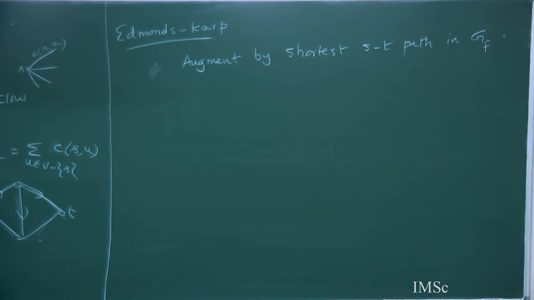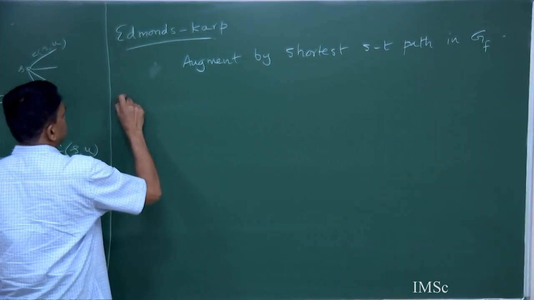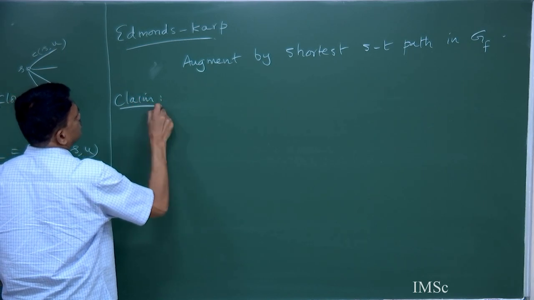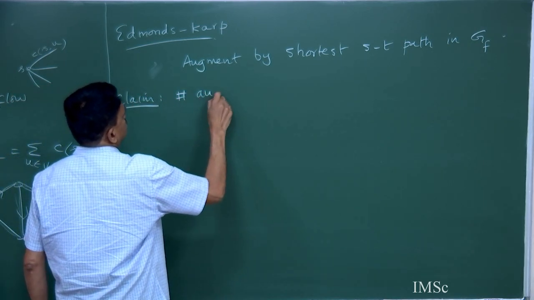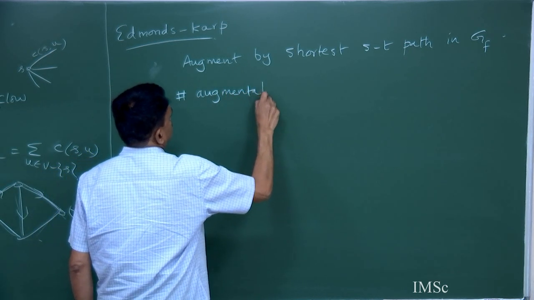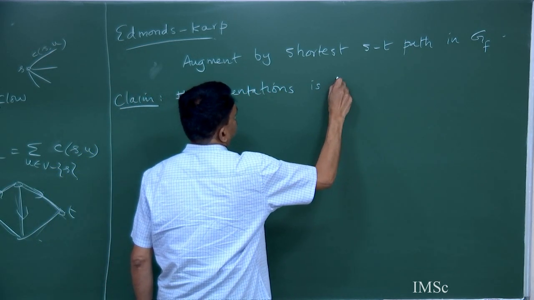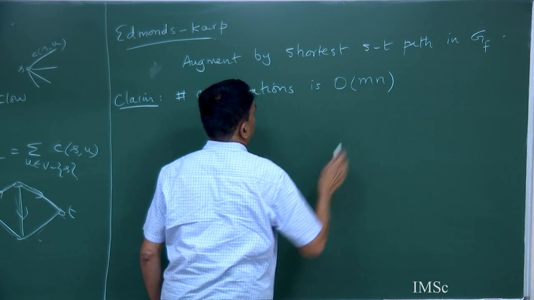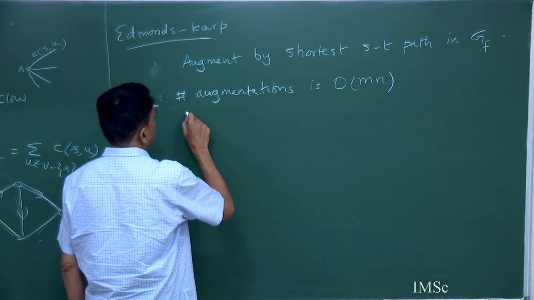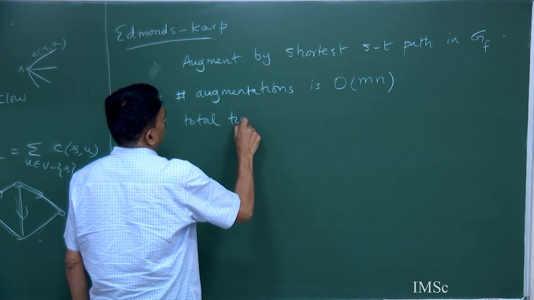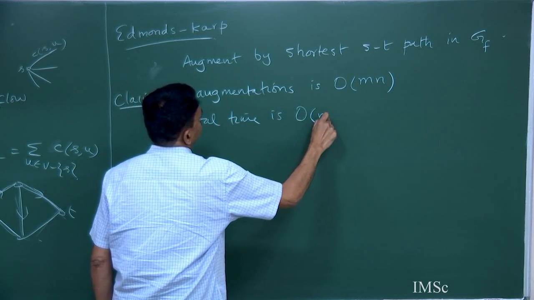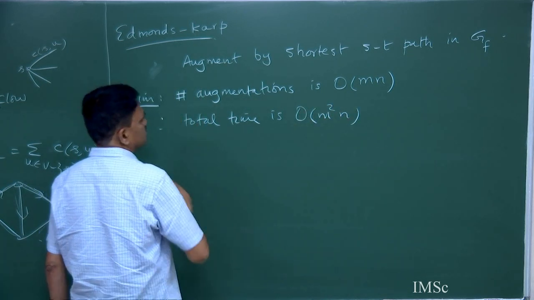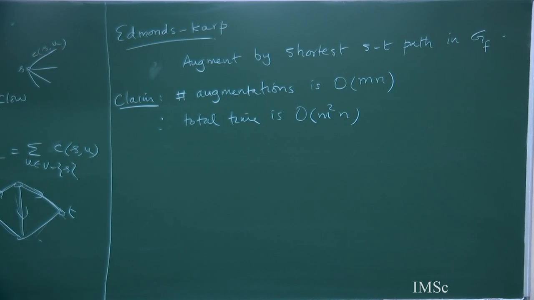And here we are going to argue that if you do this, then the number of augmentations, and so total time, right, because we already observed that between two augmentations the time you spend is to construct the residual graph and find the path.